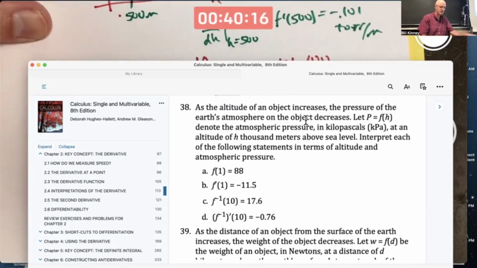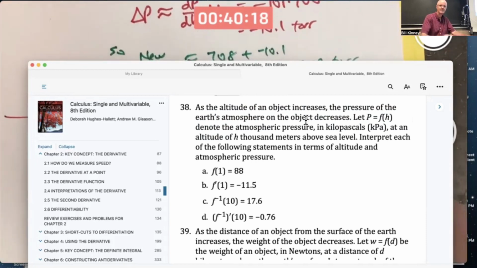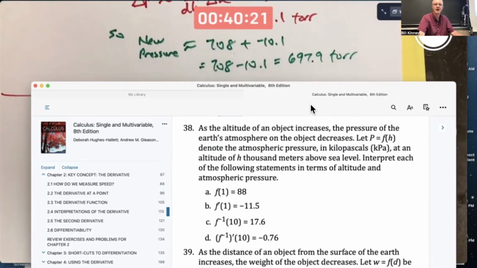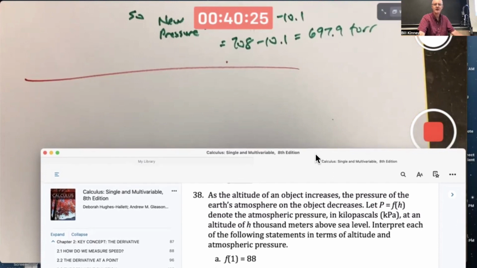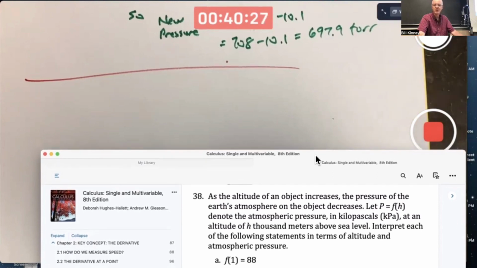So it's a very similar situation in 38. Here is the problem we were just talking about. We're still talking about pressure as a function of height. Units of pressure are now kilopascals instead of torr. H is in, another thing to be careful of, H is not in meters, it's in 1,000 meters.